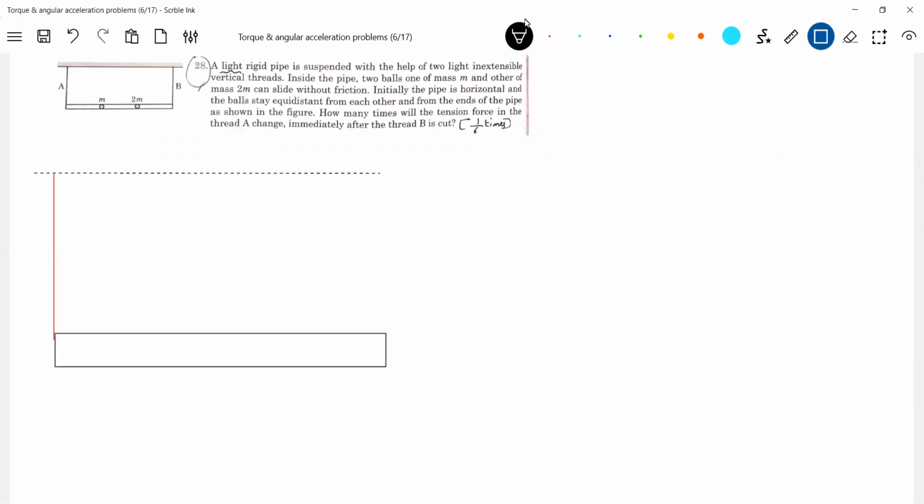To understand the diagram, I'm showing the diameter of the pipe a little bit more so that I can show all the forces that are acting very clearly.